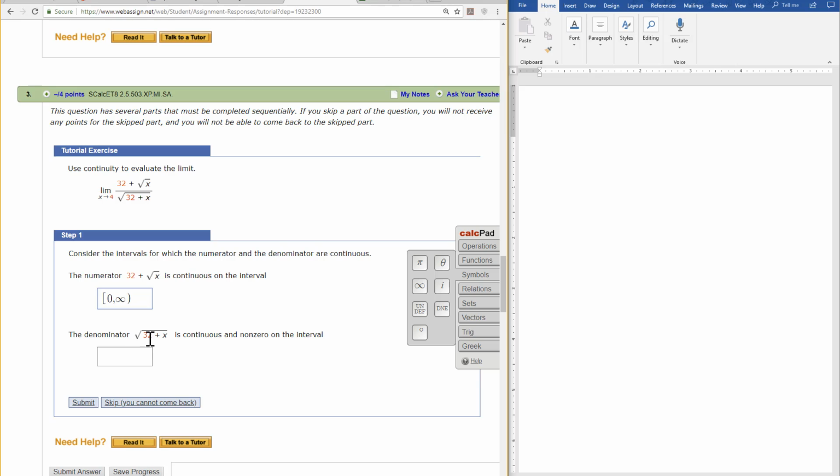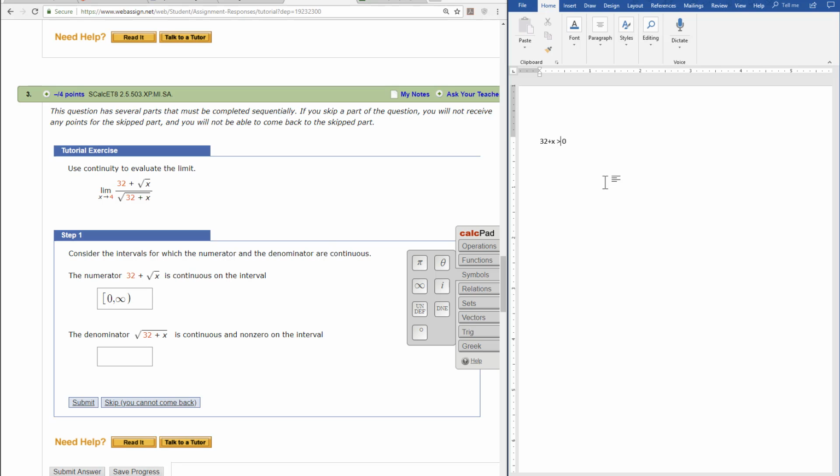Alright, the denominator, when is this thing not continuous? Because it's in the denominator, it cannot be equal to 0. When x is equal to negative 32, it's equal to 0, so that's no good. We also want it to be bigger than that, so essentially we're solving for when 32 plus x is bigger than 0, not equal to, just strictly bigger than 0.